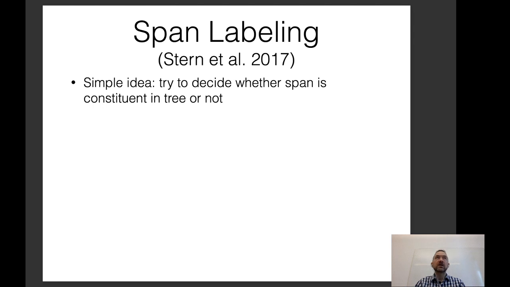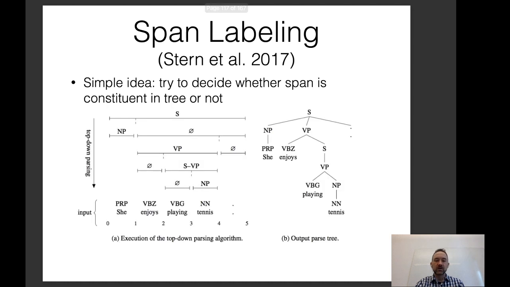But there are actually now even simpler methods that you could use here. The basic idea is to get rid of the structured training algorithm, get rid of the CRF, and simply try to decide whether a span is a constituent in the tree or not. You have positive examples that correspond to spans that are in the tree, like a sentence, a noun phrase, a verb phrase, and other things like this.